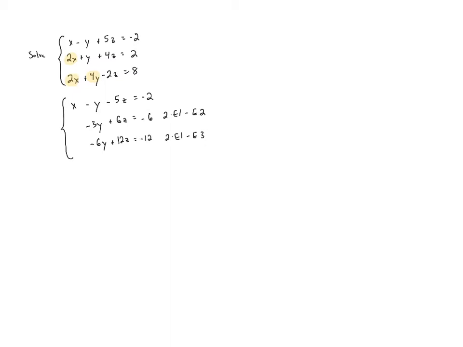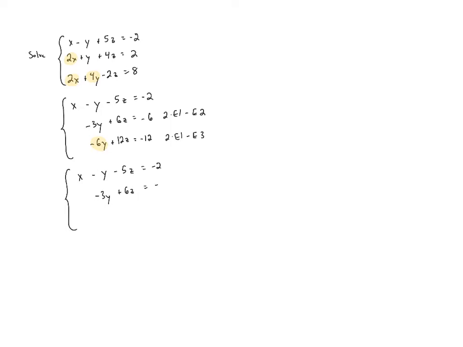So now we have gotten rid of those two terms, and we just now need to get rid of that negative 6y. I'm going to rewrite the first two equations because we want to keep them just like they are. We only want to get rid of the y term in the third equation.